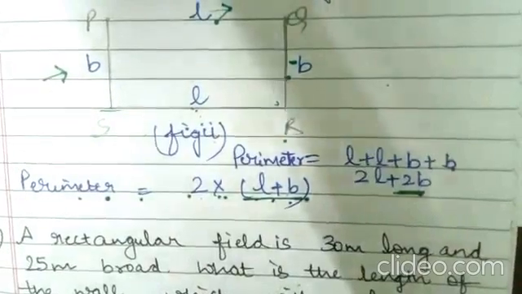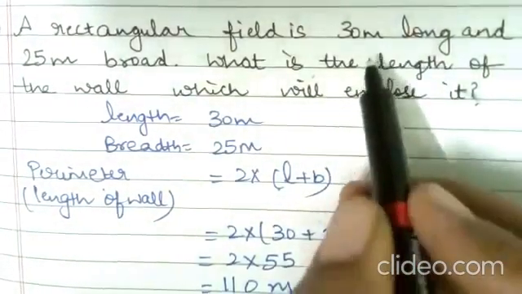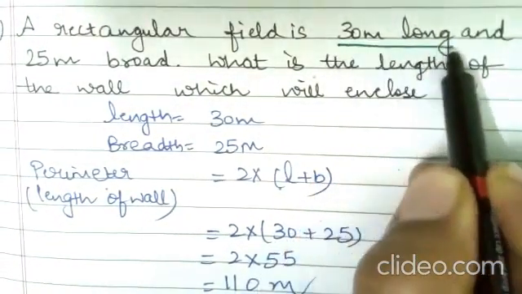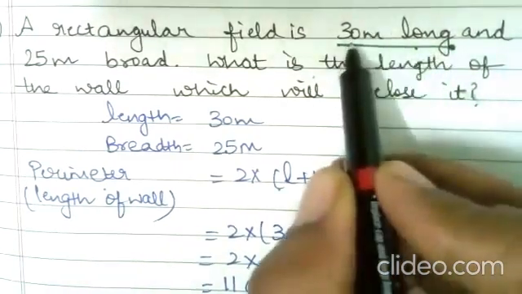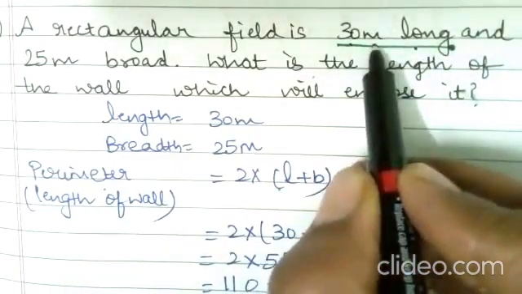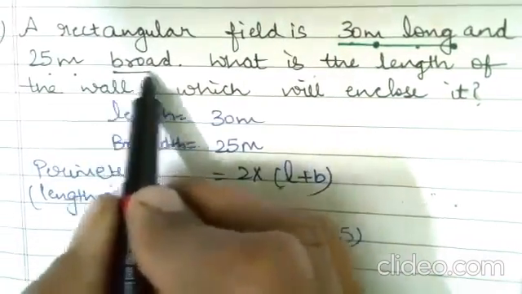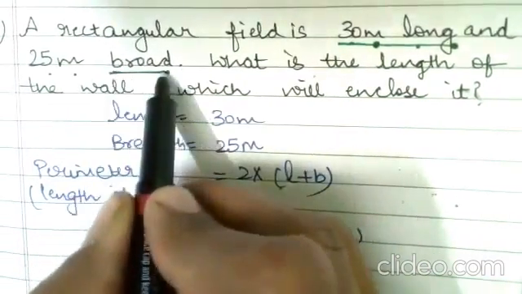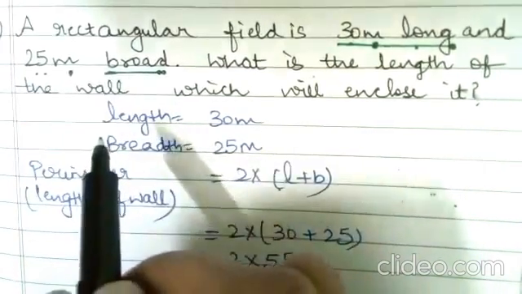Clear? The next question is, a rectangular field is 30 meter long. Long means length 30 meter is given to you. And 25 meter broad means breadth 25 meter is given to you.